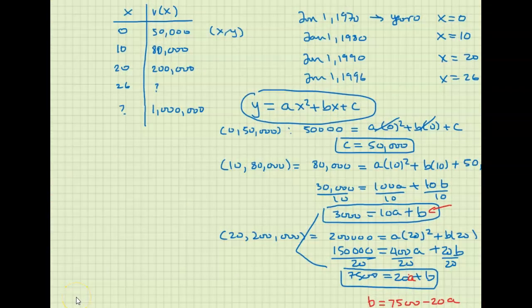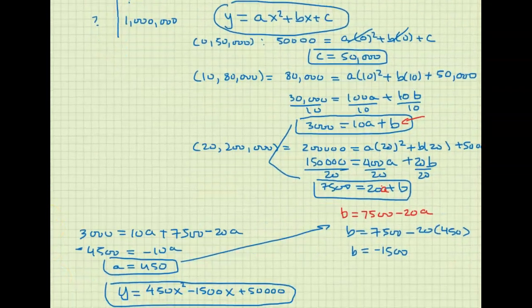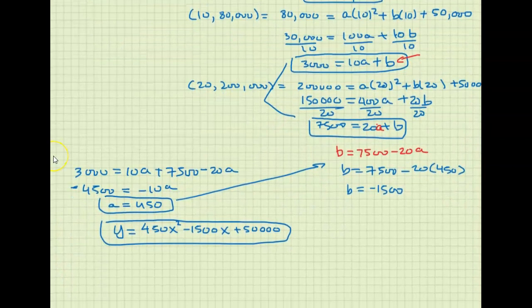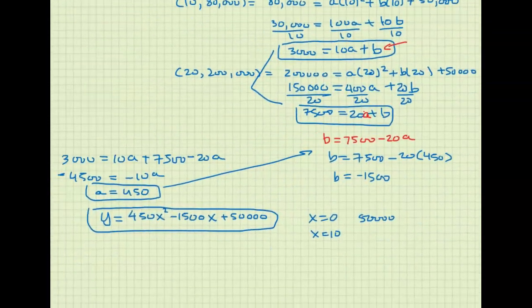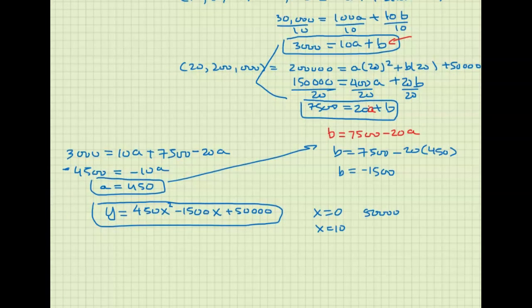So you can check for the numbers that you already have, where x is 0, x is 10, and x is 20. If I plug in x is 0, I'm going to get 50,000. If you plug in x is 10, hopefully you get the value that you were given, which is 80,000. I'm just going to do that on my calculator. 450 times 20 squared minus 1,500 times 20 plus 50,000.